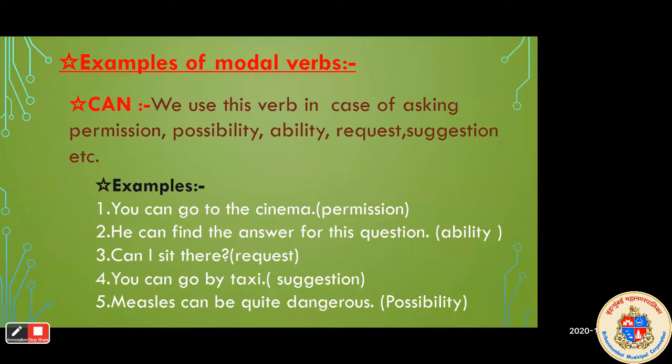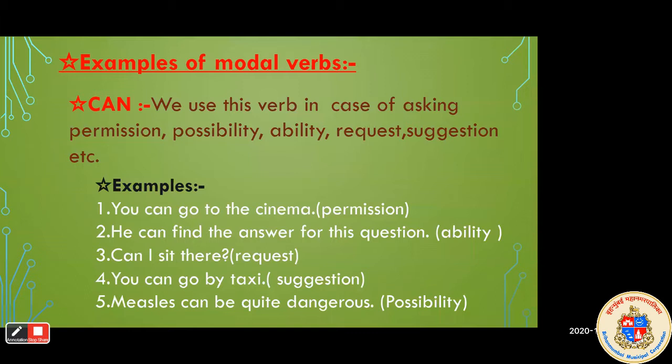Very good, beta. Here, students, you can see in these sentences main verbs are also given, yes or no? Here can is used with the main verb or root verb, and because of this modal verb in the sentence, you can see the main function the speaker is using in the sentence.